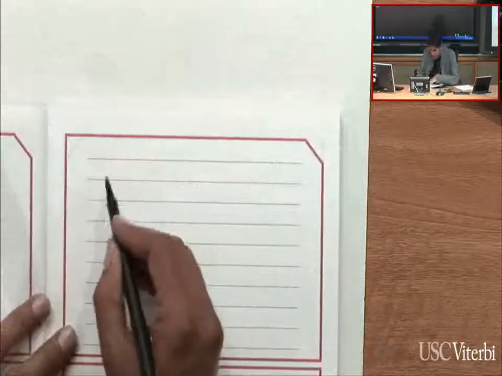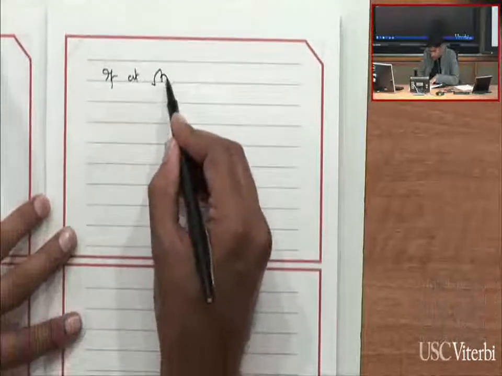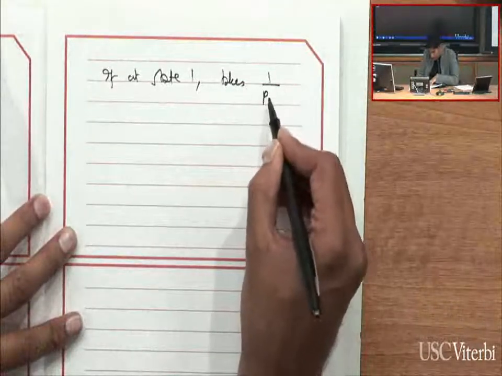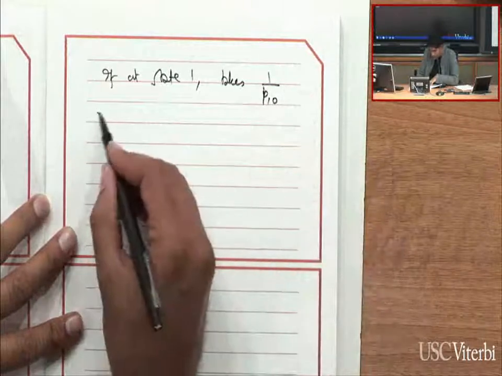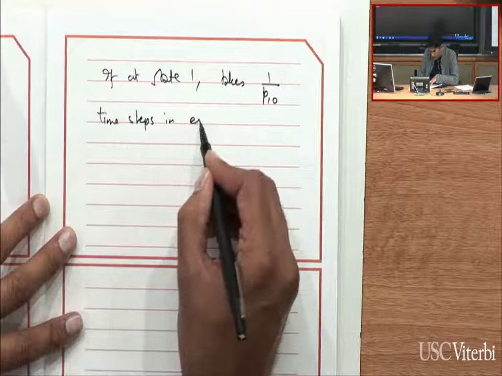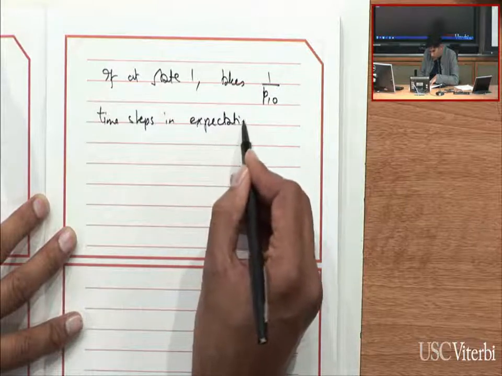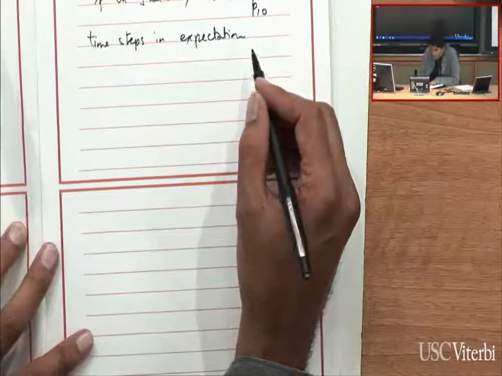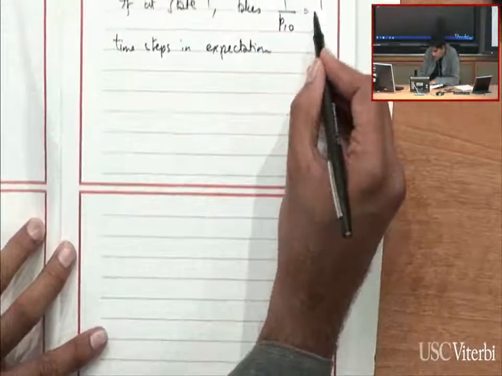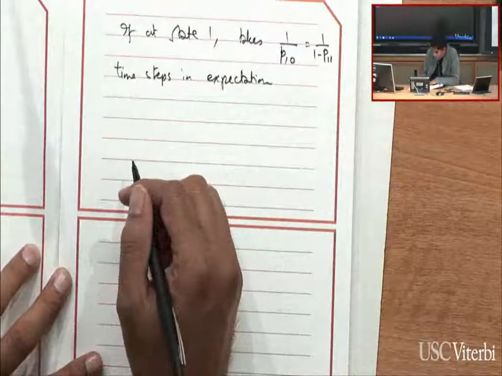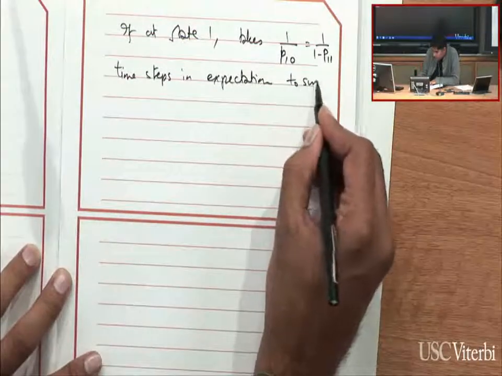So let's go back to this. So if at state 1, in expectation, the time is the same as 1 over 1 minus p11 to switch.